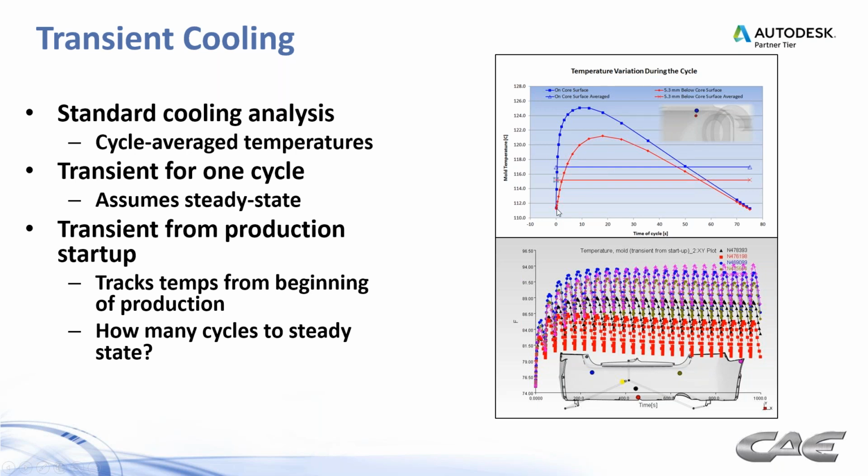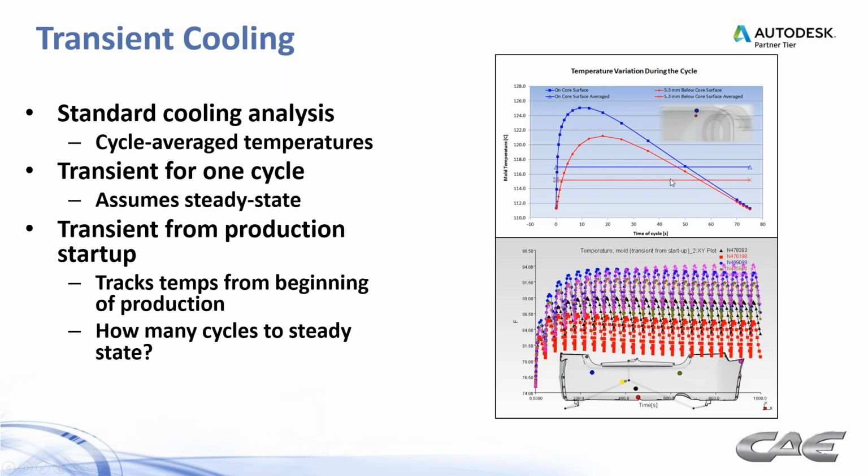Good, bad, or indifferent, if you have the time and you can do it, this is perfectly reasonable. But notice the difference in temperatures between the average temperature and the end of cycle temperature. It's not that great. Some cases you'll see larger differences, but in many cases, the conclusions you draw as to where to put the cooling lines, how to run your cycle, how to circuit properly, all of those things that we mentioned really don't change a whole lot.